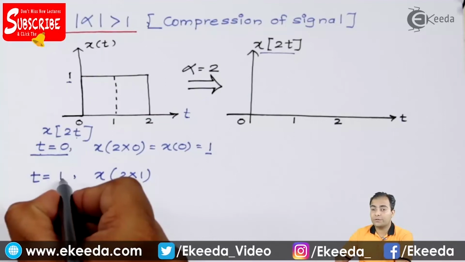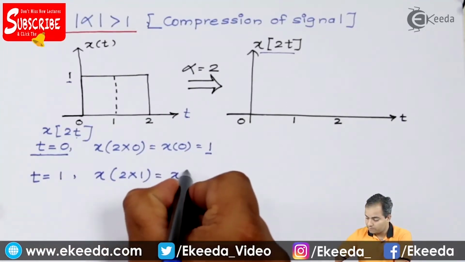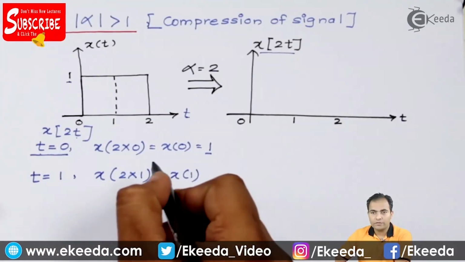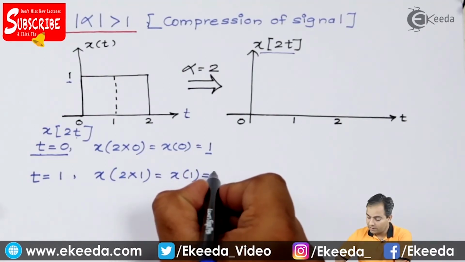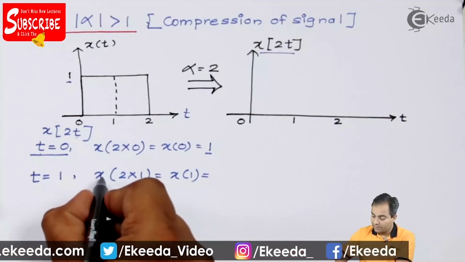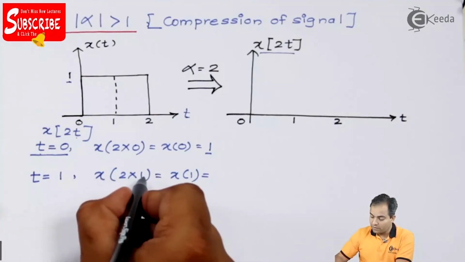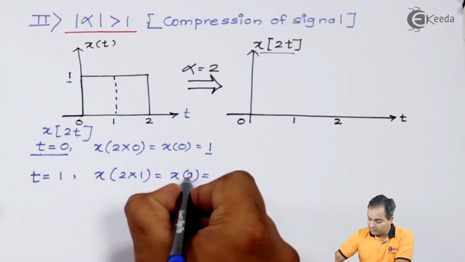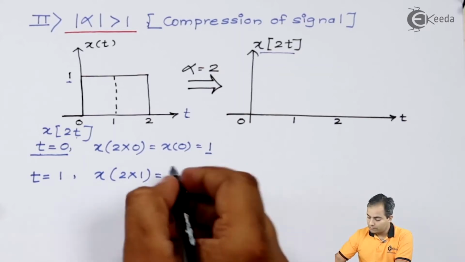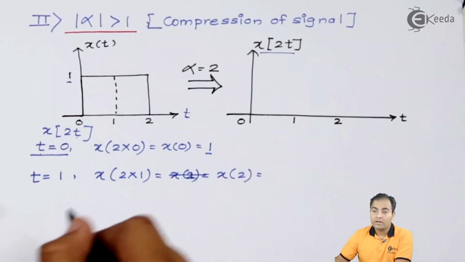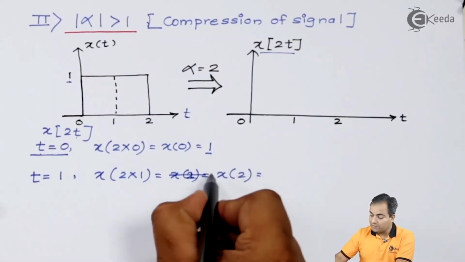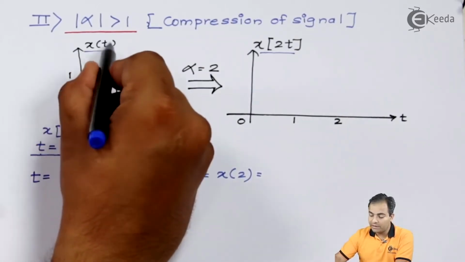So for t equals 1, what will you get? If I substitute t equals 1, then you will get 2 into 1 is 2. And just compare this value in the given graph.